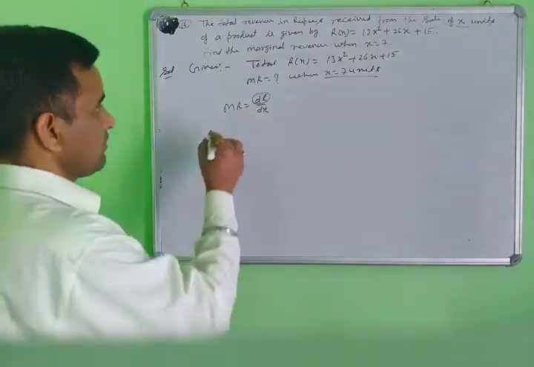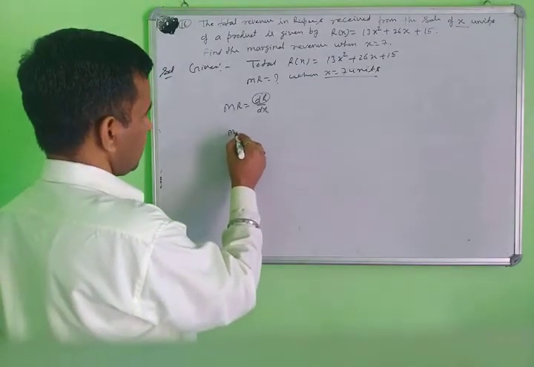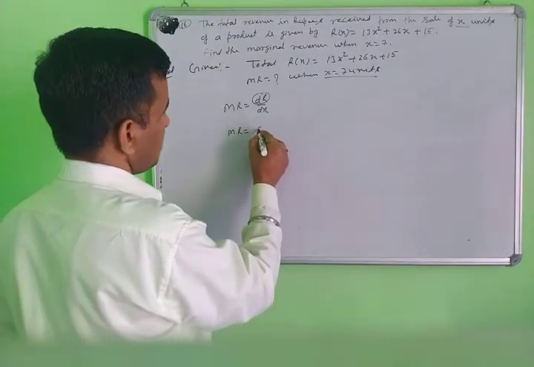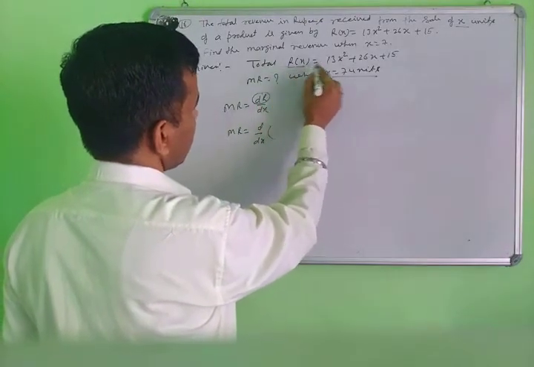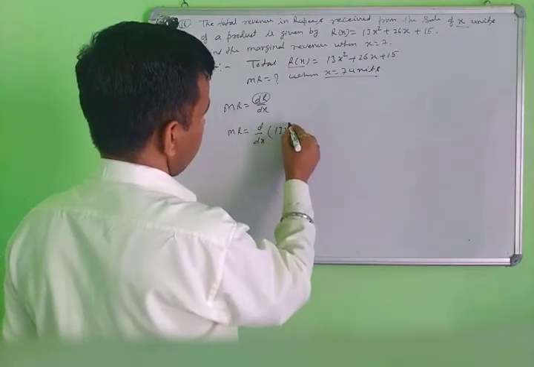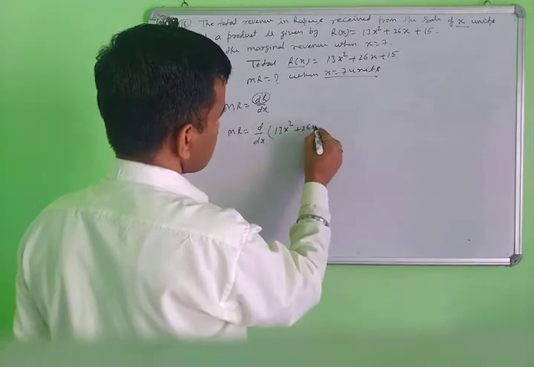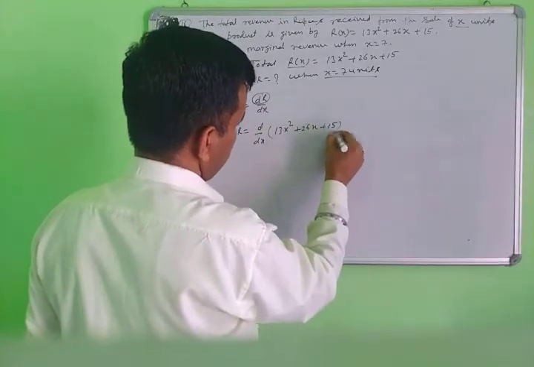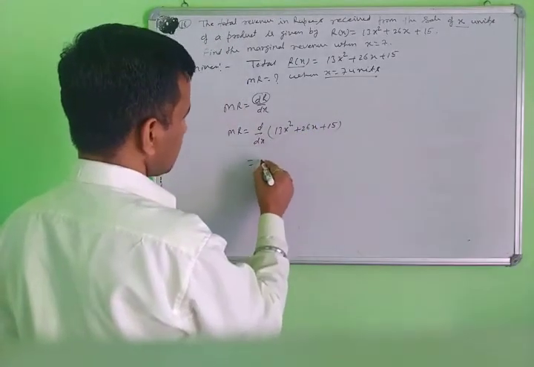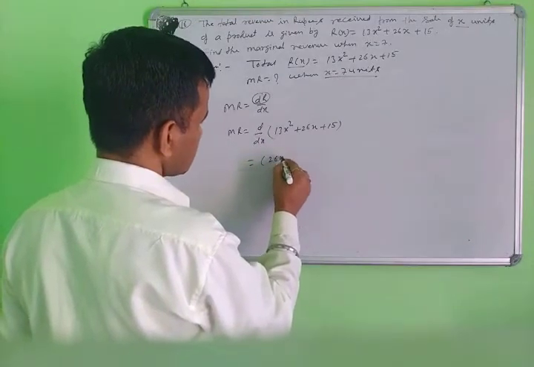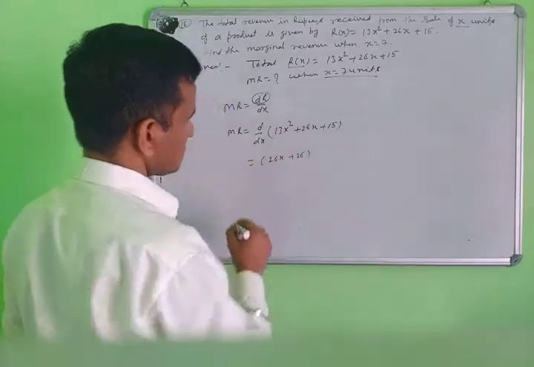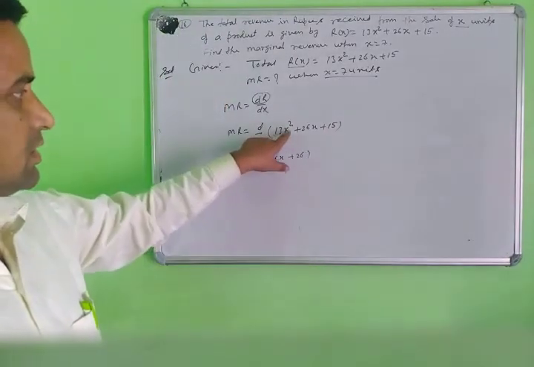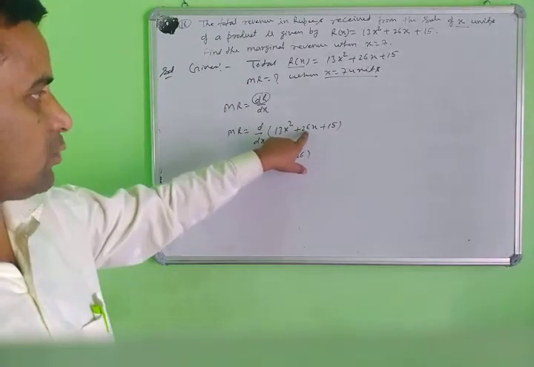So now the marginal revenue equals d over dx of R. What is the value of R here? Total R(x) is 13x square plus 26x plus 15. Now differentiate with respect to x: 26x plus 26. When you differentiate, 13 with the 2 gives 26x, and 26x gives only 26.